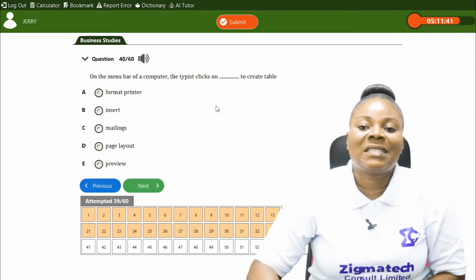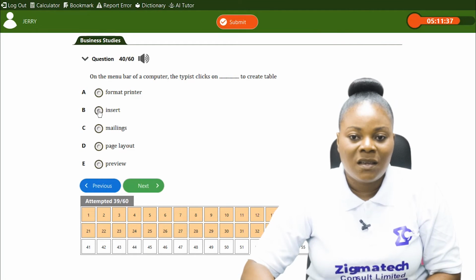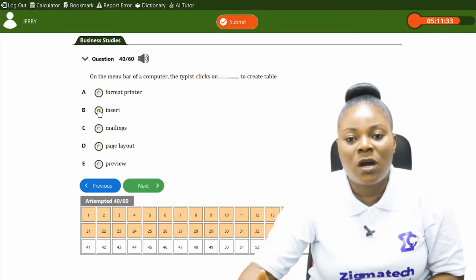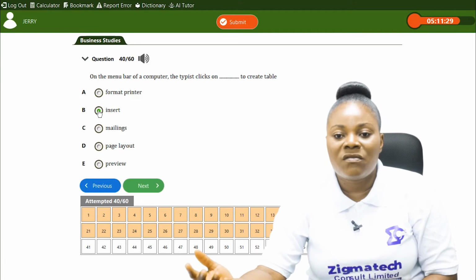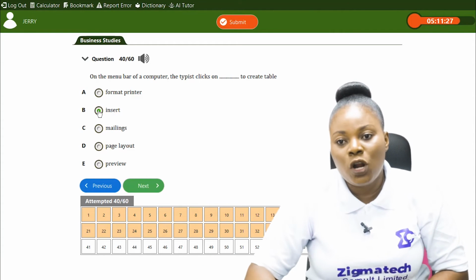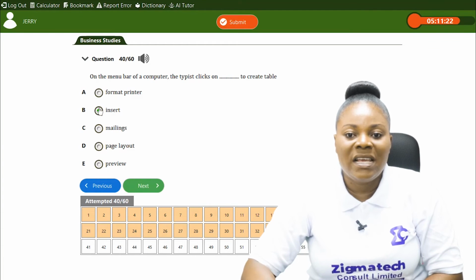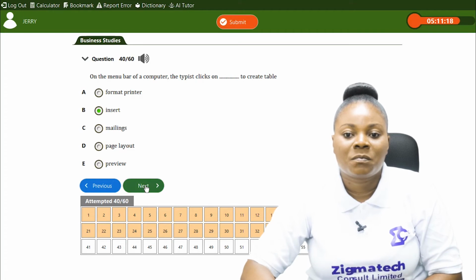The menu bar that allows you to create tables is the insert menu. When you click on it, it gives you a drop-down that allows you to select the number of rows and the number of columns you need to create your table. So you click on insert to create a table. That's option B.